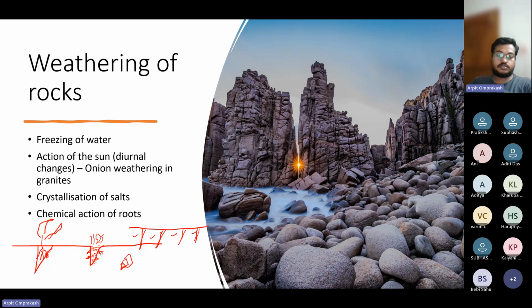So this also leads to breaking of these rocks, and eventually all these things that lead to weathering of rocks lead to formation of a small layer of soil over the rock.